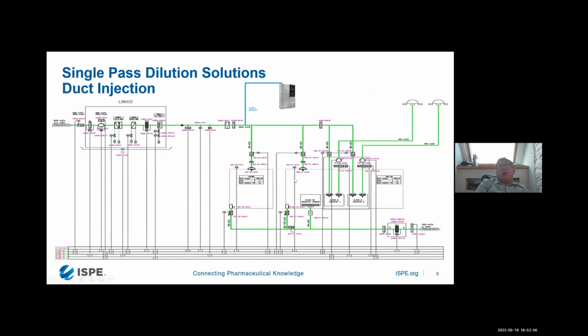Here, this is a polio application we made in the Netherlands. And we just introduced the gas inside the airstream. There is no extraction or specific extraction needed for the VHP, since we don't stop the HVAC airflow, it's going directly to the exhaust.